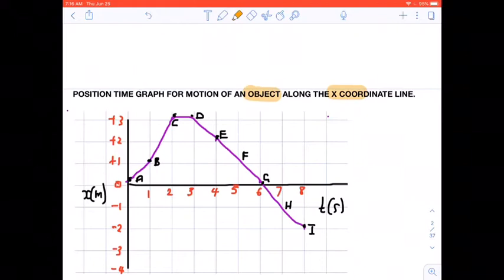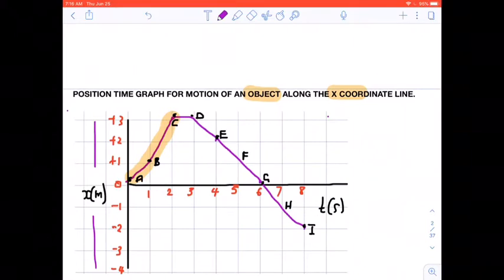If we look at this, we see that the particle moves from A to B to C, and from A to C it moves away from the origin and goes towards the right, since we are on that side of the coordinate line.